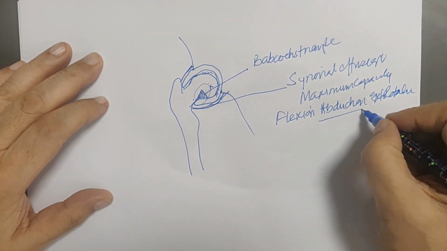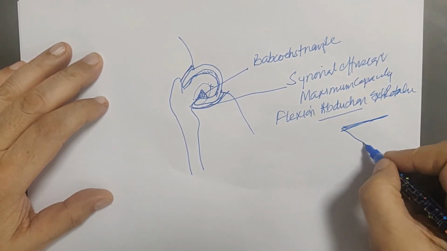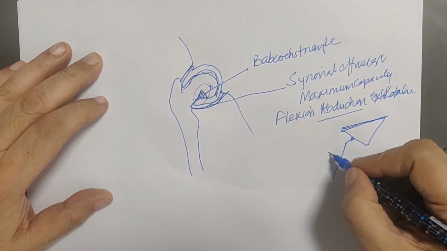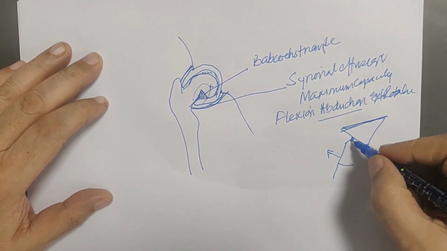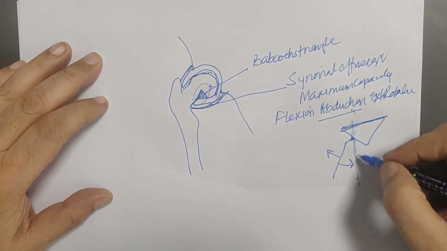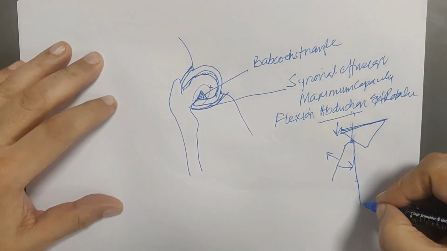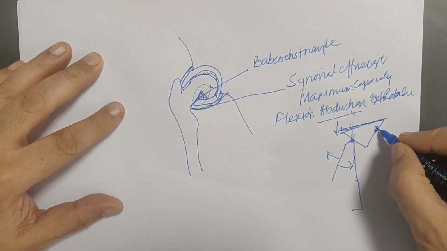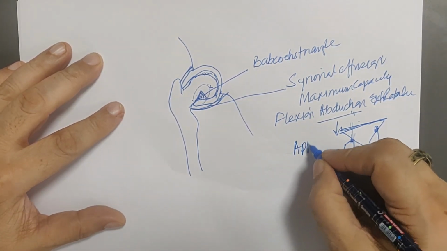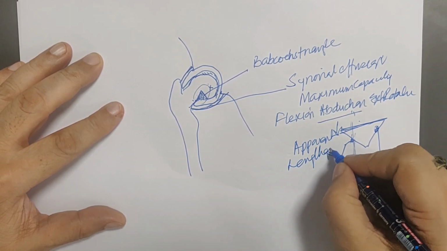Now with this abduction, if the hip is abducted, to bring it back parallel to the body, the ASIS would become low and this limb will become longer as compared to the opposite limb. So with abduction you always have apparent lengthening.